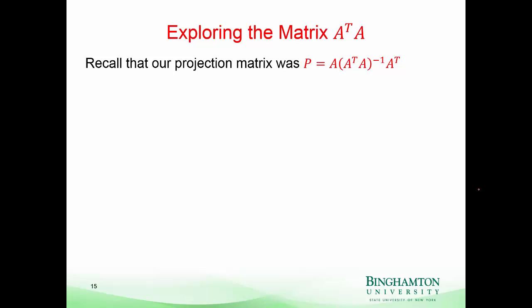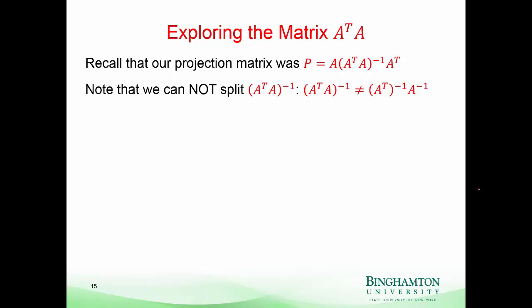So we're seeing that this matrix A transpose A plays a key role in this, and we claimed that as long as the columns of A were independent, A transpose A was full rank and therefore invertible. But let's see that. First of all, let's caution you that you cannot split this. You can't say A transpose A total inverse splits into A transpose inverse times A inverse.